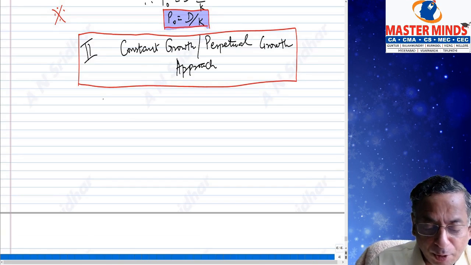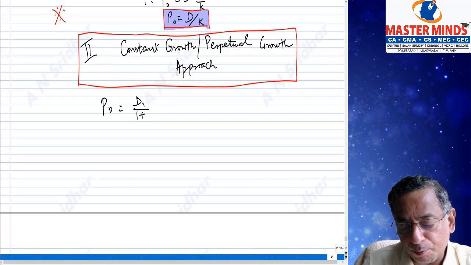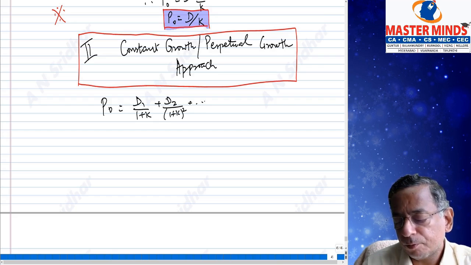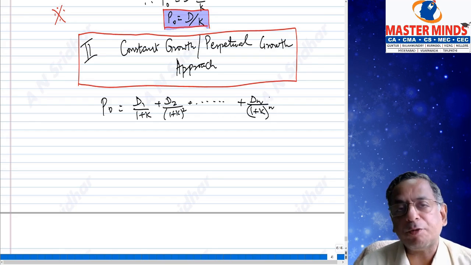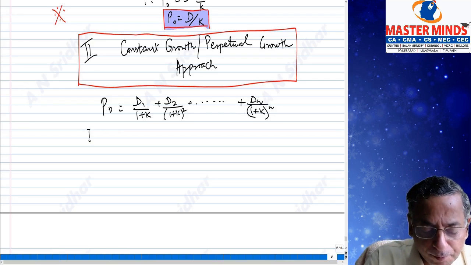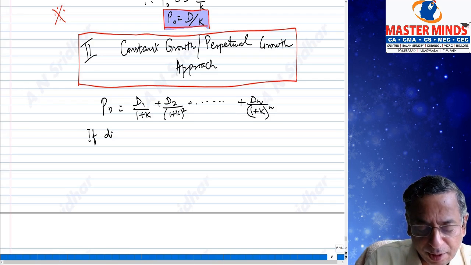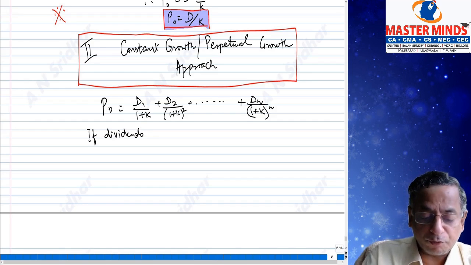We have master formula P0 is equal to D1 upon 1 plus K plus D2 upon 1 plus K square plus up to Dn upon 1 plus K to the power n. So this is the master formula. This is very important.